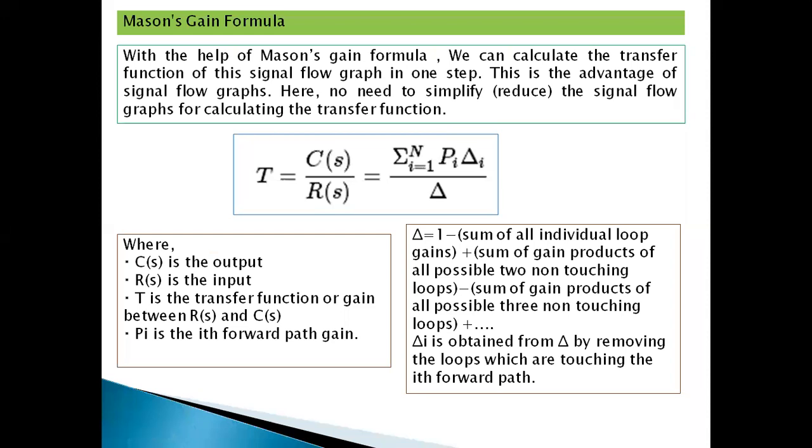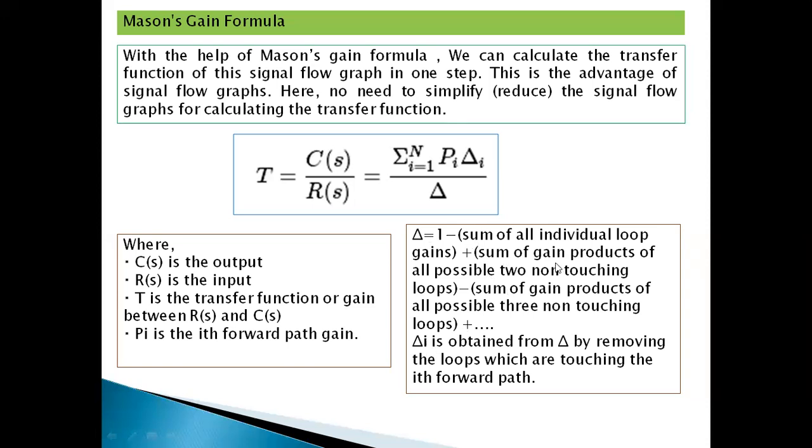Generally in most cases, all the loops are in contact with the first forward path, so that becomes 0 and delta 1 becomes 1. Because it is 1 minus the loops which are not in touch with that forward path, delta 1 becomes delta.